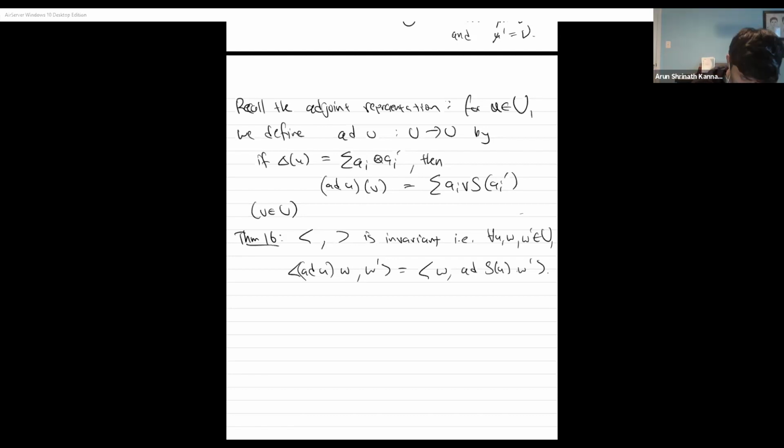So the proof of this, it's clear that we can just check on the generators.